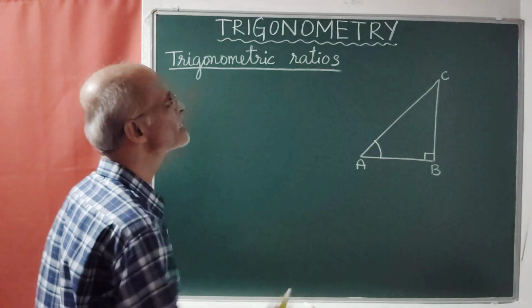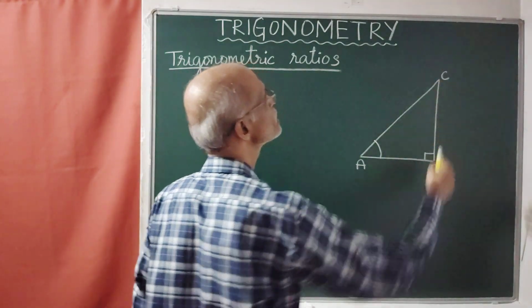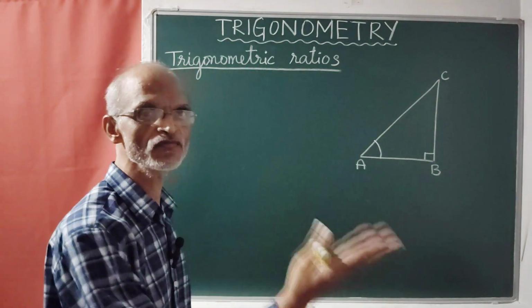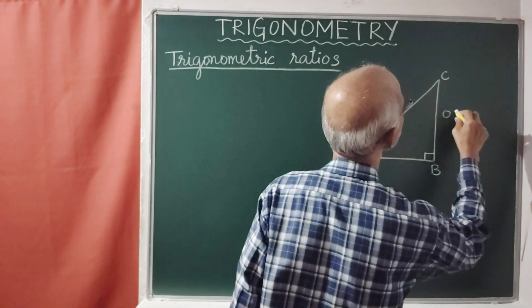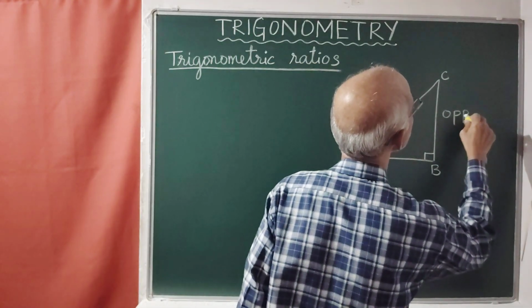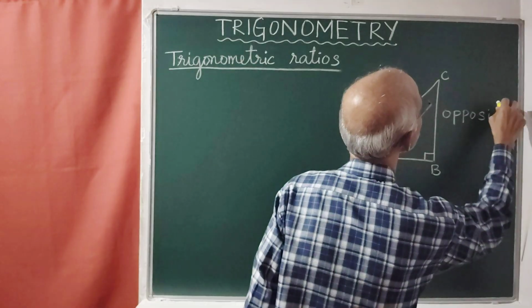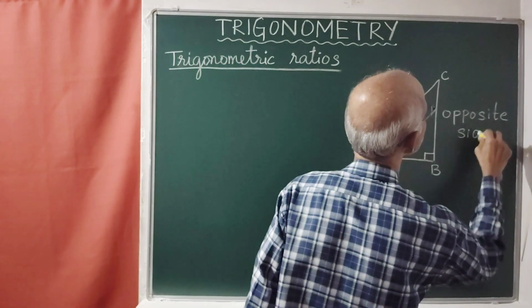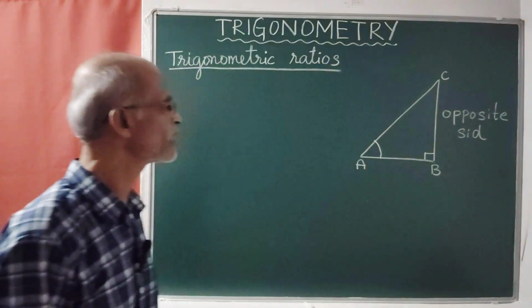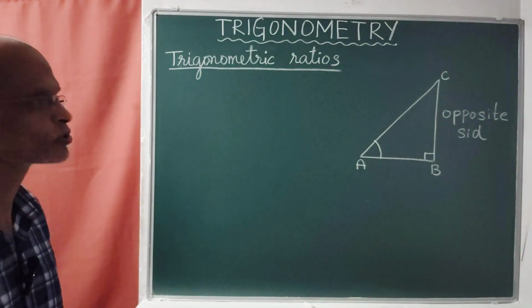For angle A, side BC is opposite, in front of that. So it's called the opposite side. For angle A, BC is the opposite side.